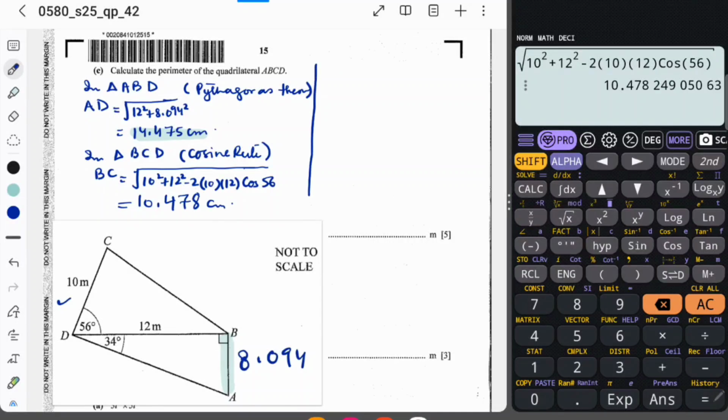Now, adding all of the sides, the 2 sides which were unknown, we have found.